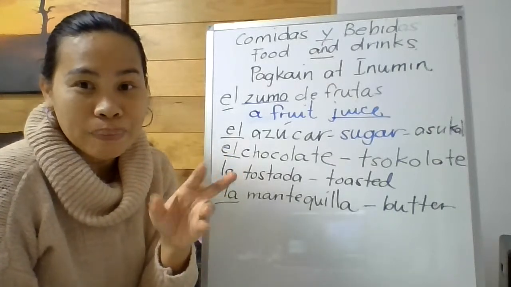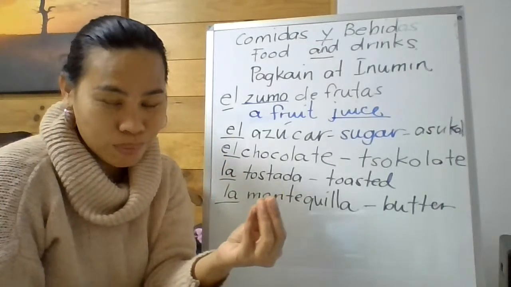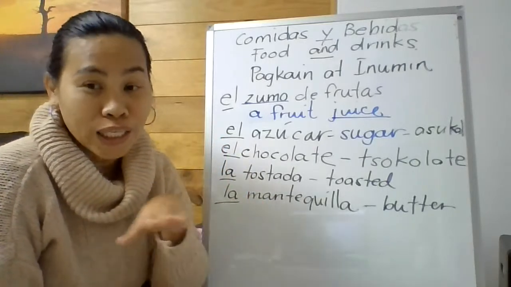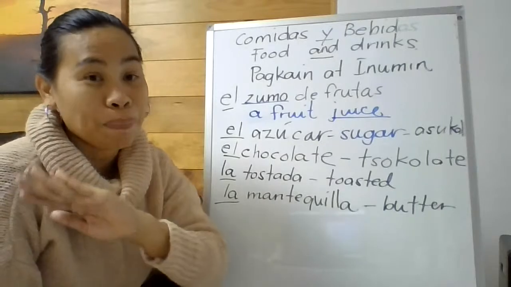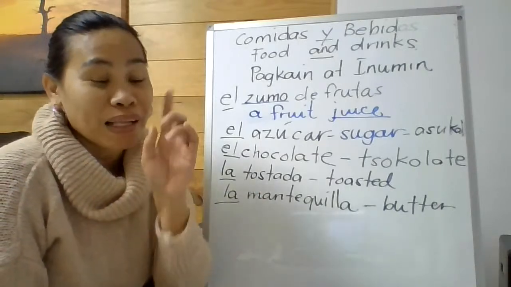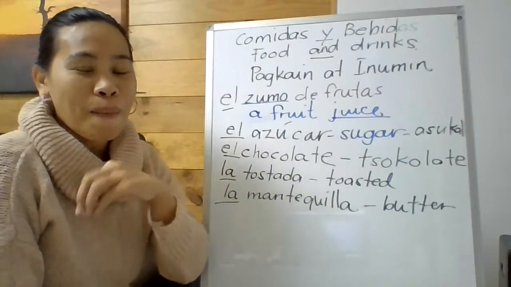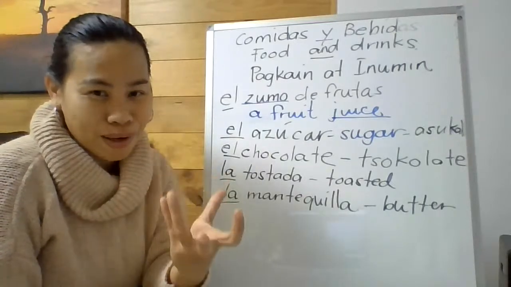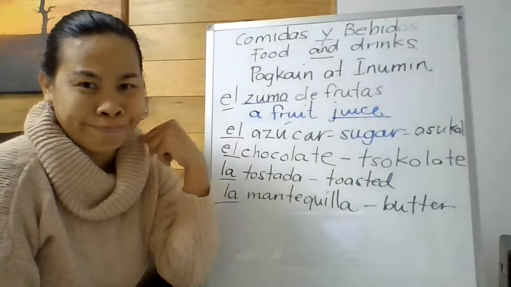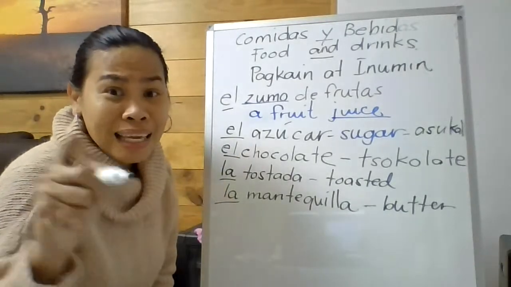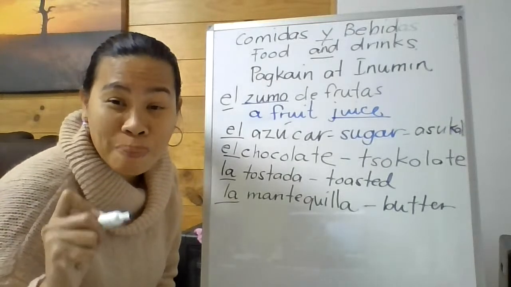Tapos, normally, sa English, American term, they have the pancake with the butter. They did not use the margarine. They put butter on it. But Filipino version, margarine. Pinoy version, margarine. Pandesal, lagyan mo ng margarine at asukal. Ang sarap. Yung pan de sal, galing yan sa word na Spanish.